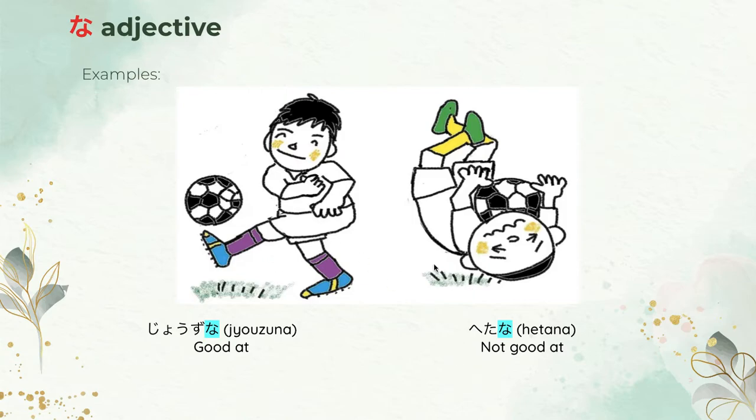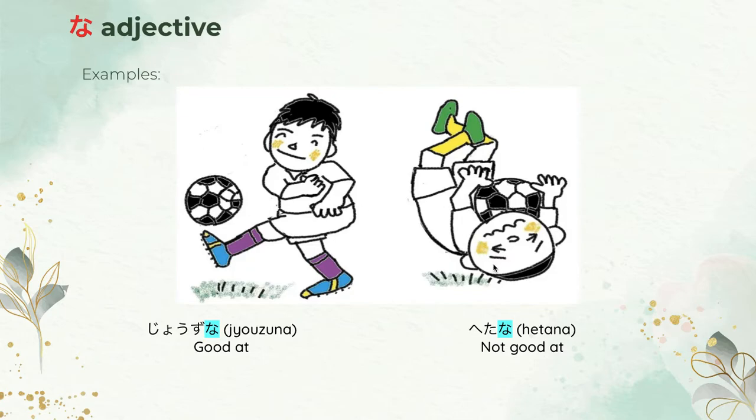So both of them are playing soccer. If I want to say the boy is good at playing, I would say 上手な男の子. 男の子 means boy.